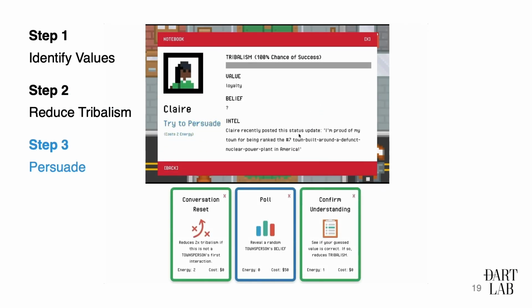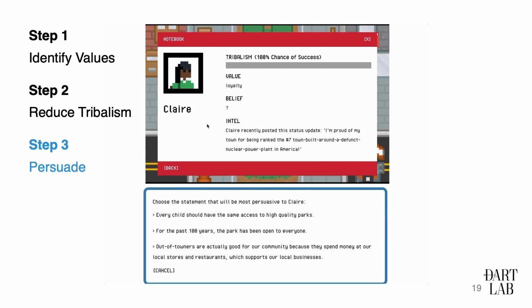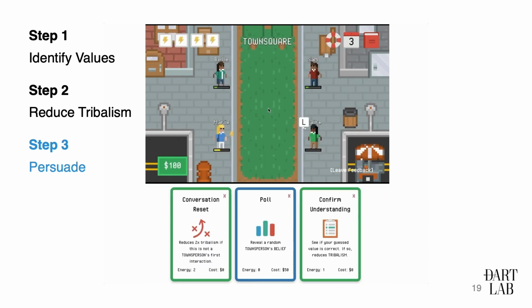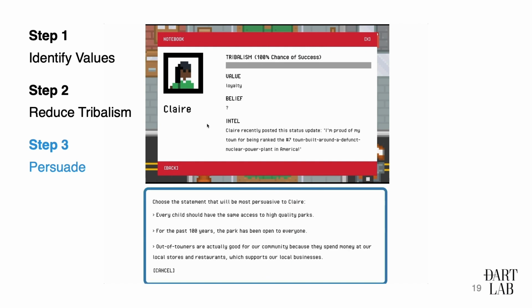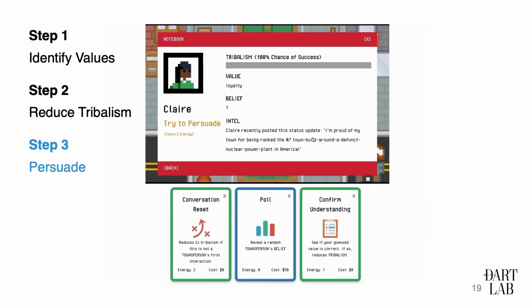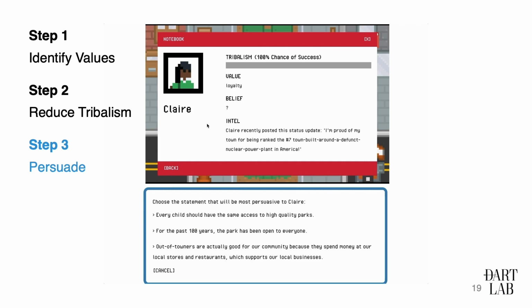So once you've identified the values and reduced the townsperson's tribalism, then you can attempt to persuade them. This action asks you to choose the statement that will be most persuasive to this specific townsperson, in this case Claire. These statements are some of the beliefs from the other opposing side of the issue, and your job is to pick the one that is going to be most persuasive to Claire, that appeals to their values.